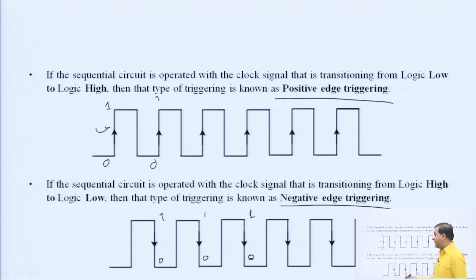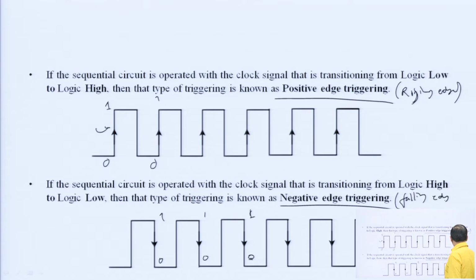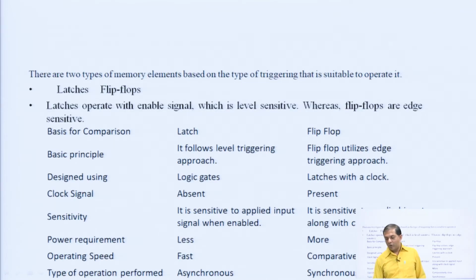You can name it as rising edge and this is falling edge, rising edge and falling edge. Okay, if the sequential circuit is operated with the clock signal that is transitioning from logic low to logic high, then that type of triggering is known as positive edge triggering, and if it is from high to low then it is called negative edge triggering. This triggering concept is very important.